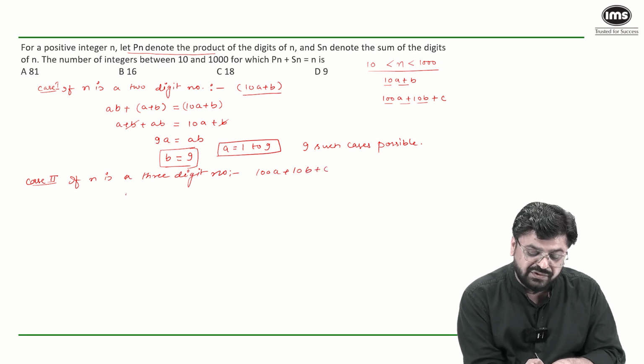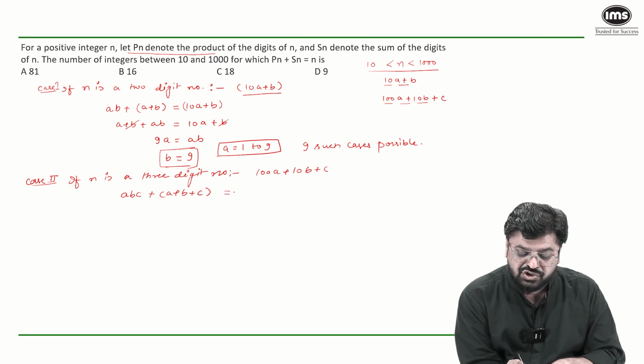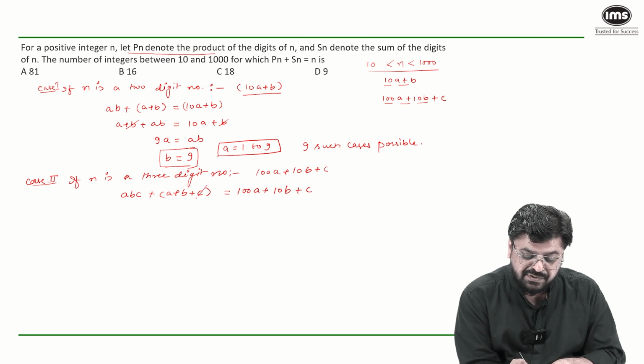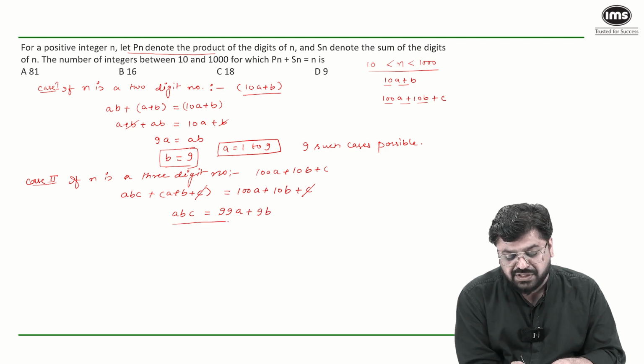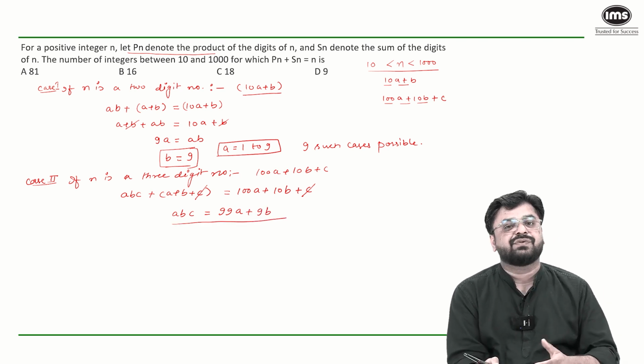So the product of the digits is a into b into c, plus the sum of the digits, which will be a plus b plus c, should be equal to the number 100a plus 10b plus c. This gets cancelled. Now this is abc equal to 99a plus 9b. So there are no such values of a, b, c which will satisfy this condition.